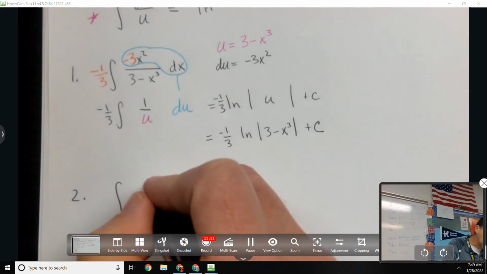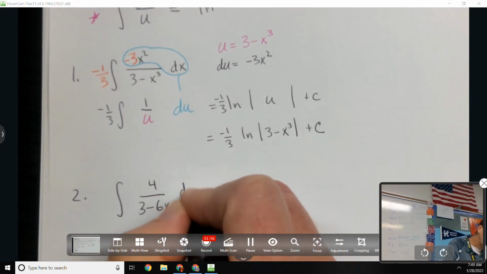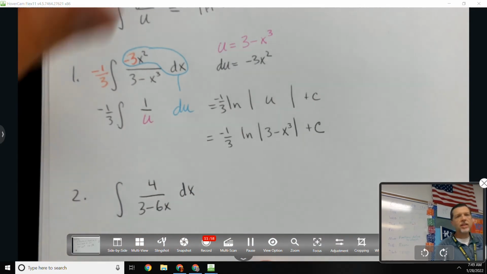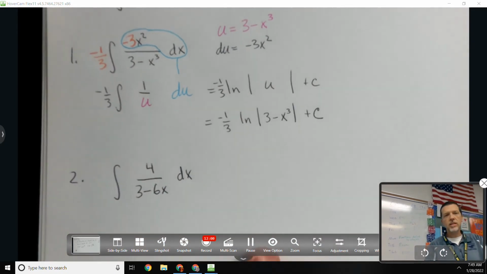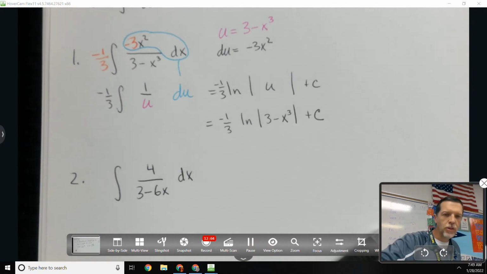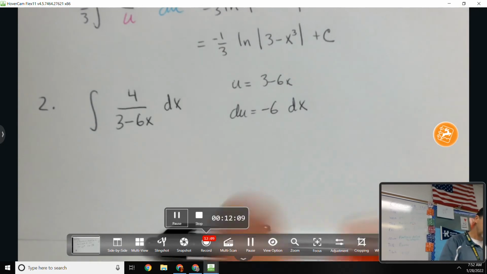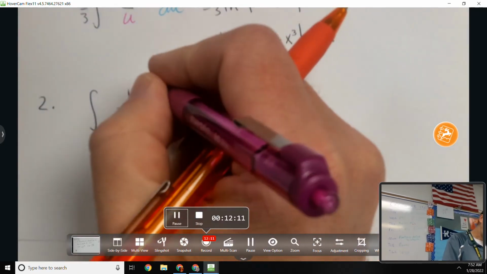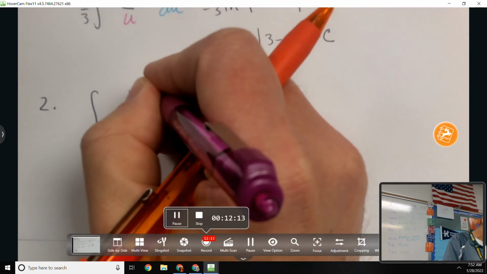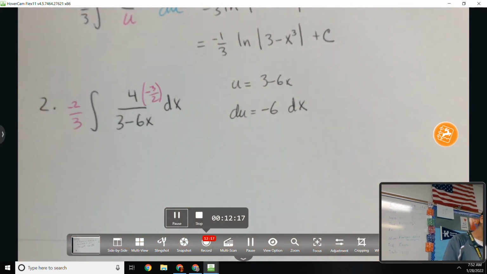Number 2, antiderivative of 4 over 3 minus 6x dx. Similar problem, similar enough where I think I'm going to let you try that one. So negative 3 over 2, because that would get you to 6, and then a negative 2/3 out front.